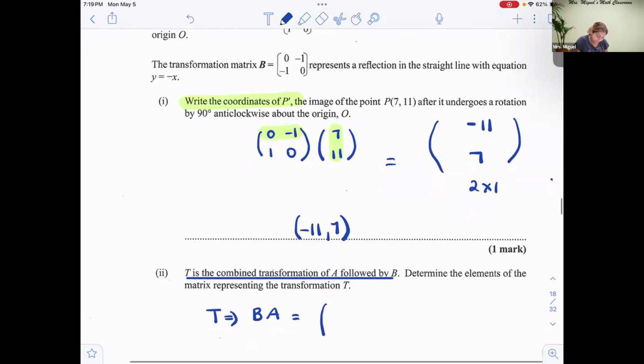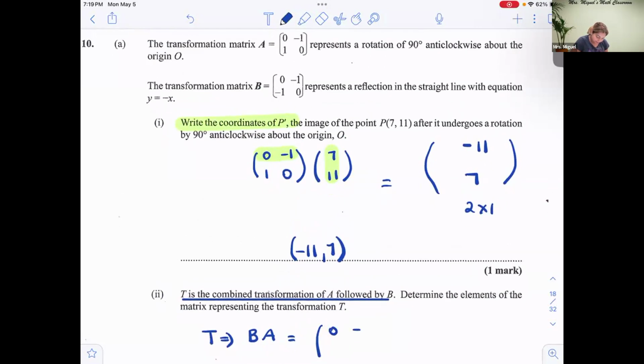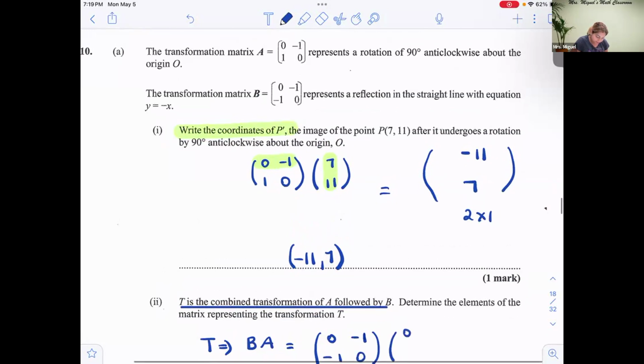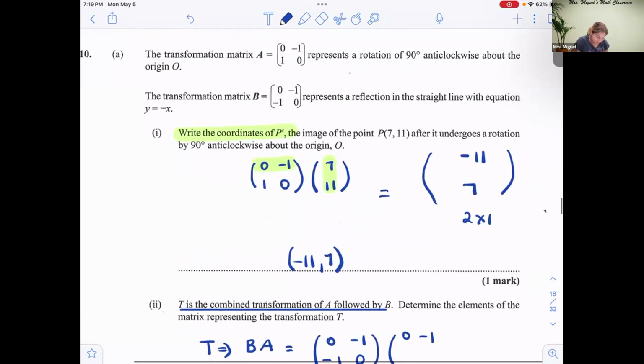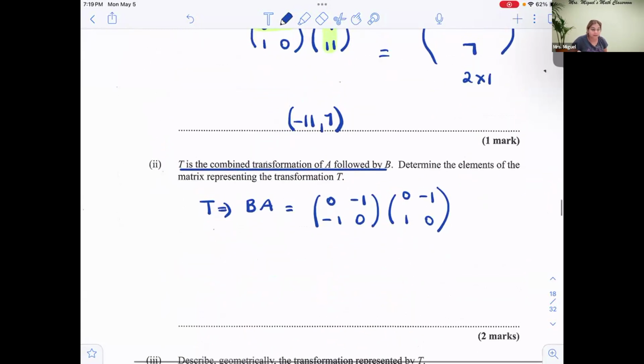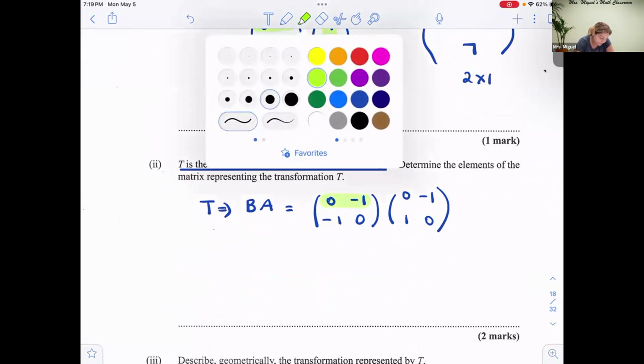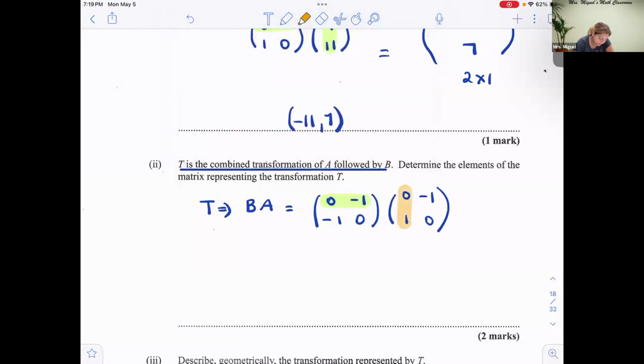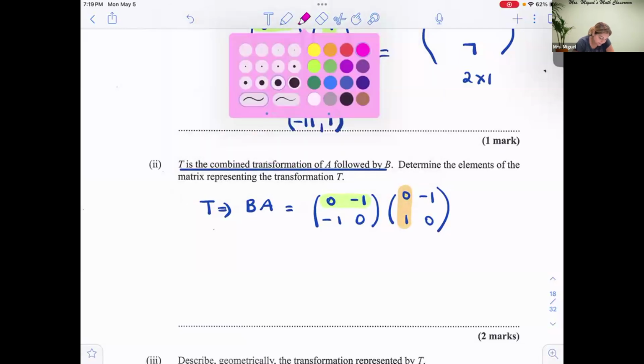So we take 0, -1, -1, 0, and you're multiplying it by 0, -1, 1, 0. So multiply it and see what you get for 2 marks. Row by column, row by column.